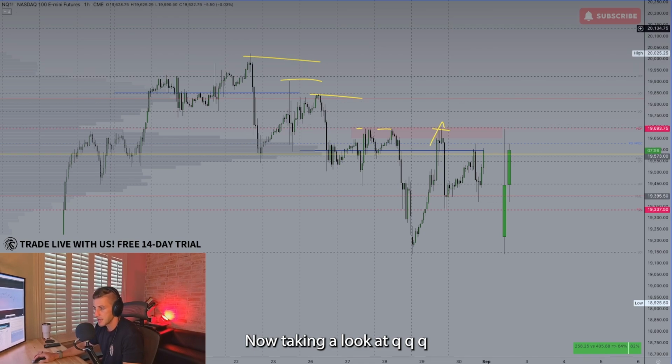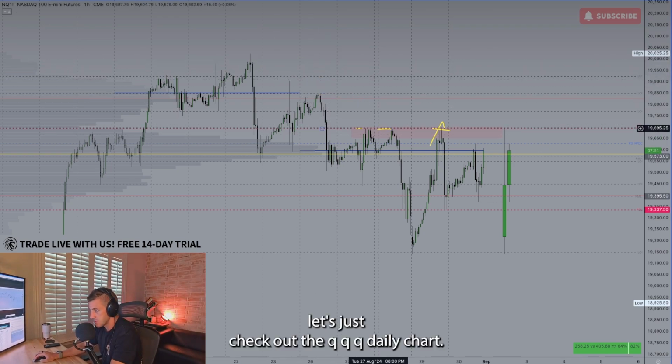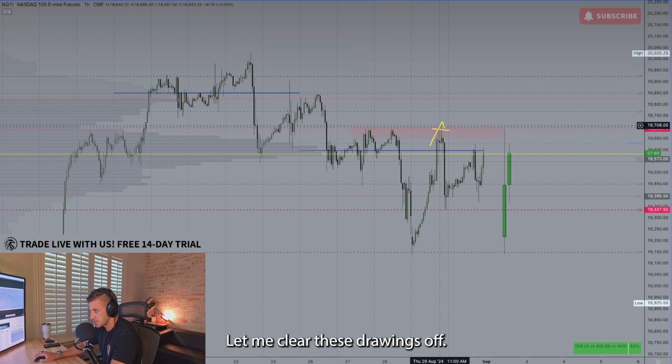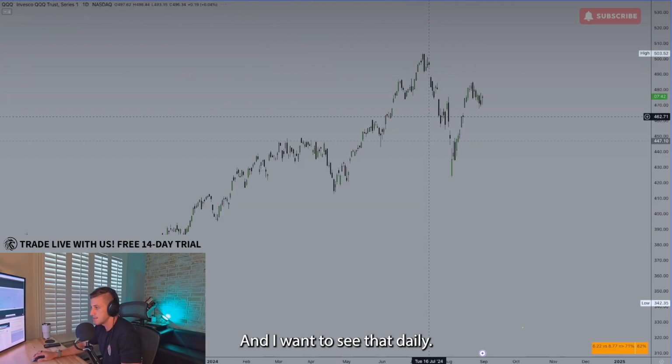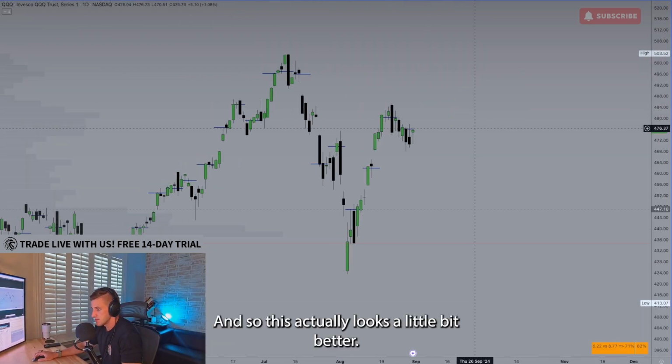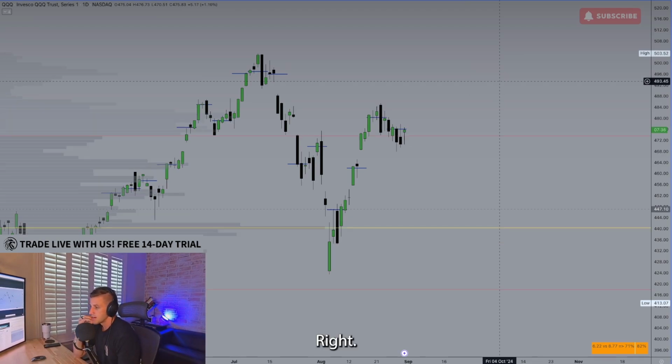Now, taking a look at QQQ, let's just check out the QQQ daily chart. Let me clear these drawings off. QQQ, and I want to see the daily. And so this actually looks a little bit better. Right? Take a look at that daily bar. It's an inside day, right?